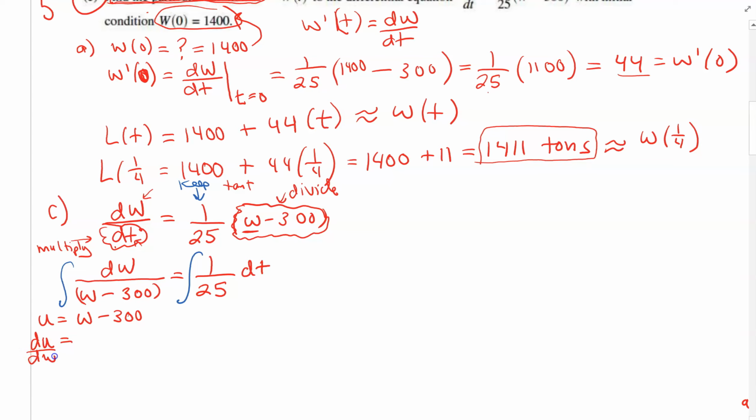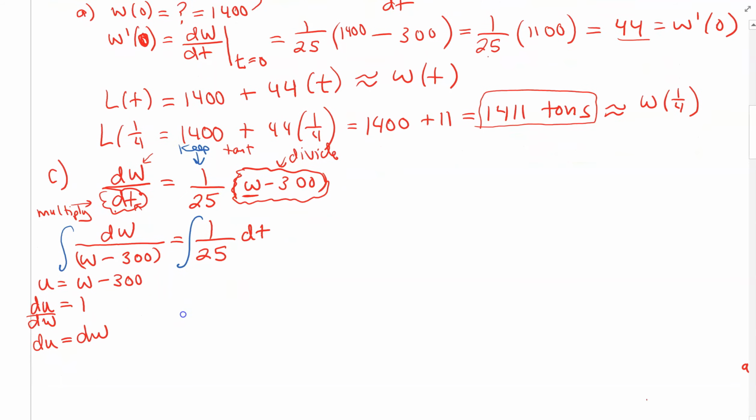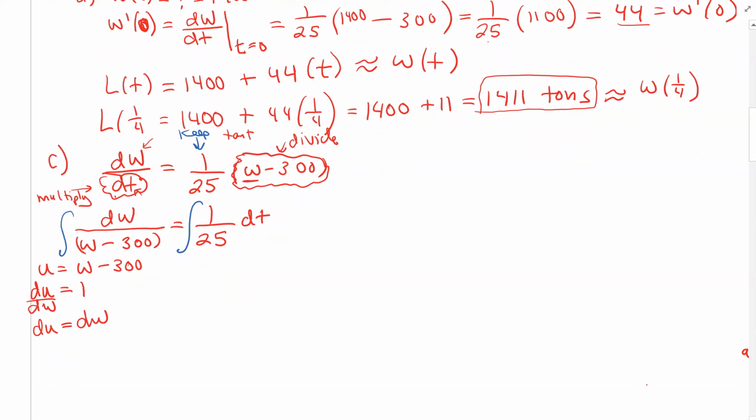Maybe I'll just go through all of this. Because derivative of w is 1, derivative of minus 300 is 0. So then du is equal to 1 times dw, or du is equal to dw, which is technically why you don't really need a u substitution, but I thought it might be easier to see why the antiderivative is what it is when I use the u substitution.